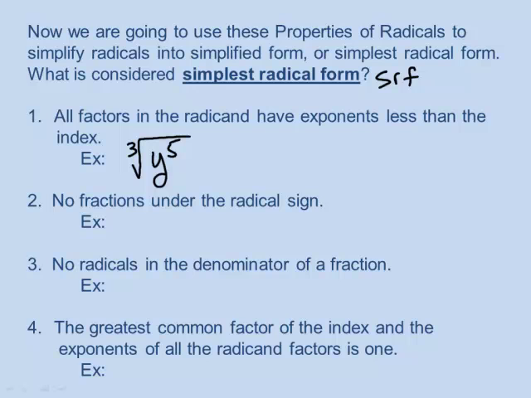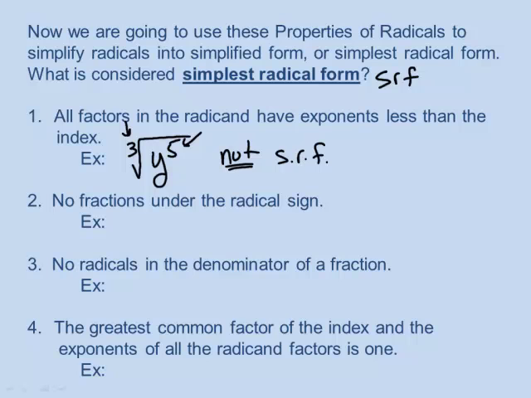You know that you're not done yet because the exponent of 5 is a larger number than the index of 3. So there is something more that you can do with this, and in the next few examples I'm going to show you what. For right now though, I just want you to know that this is not simplest radical form because 5 is a bigger number than 3. There's something more you can do.